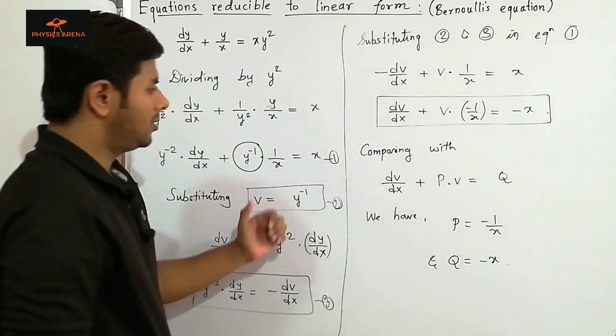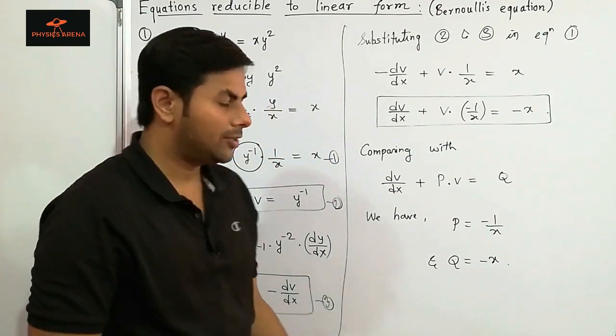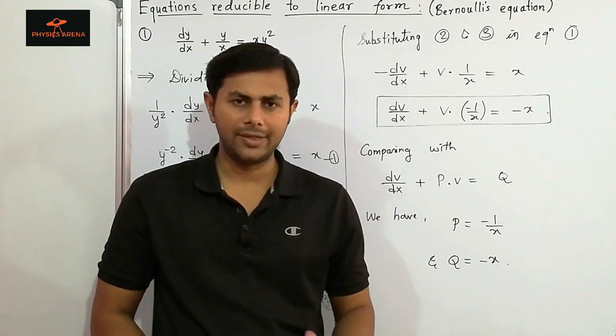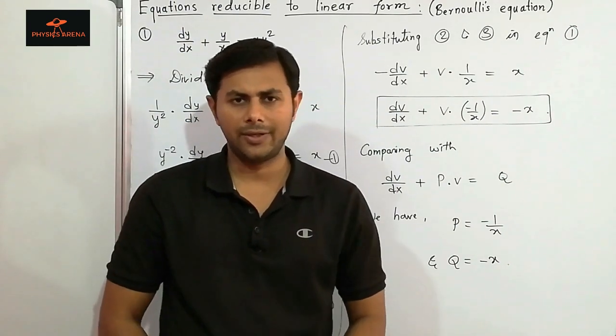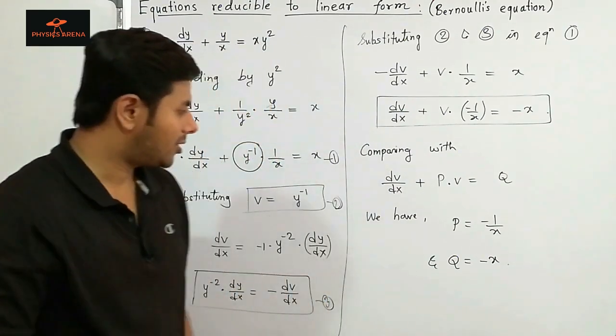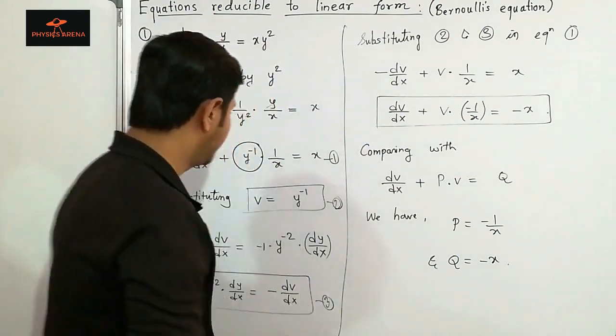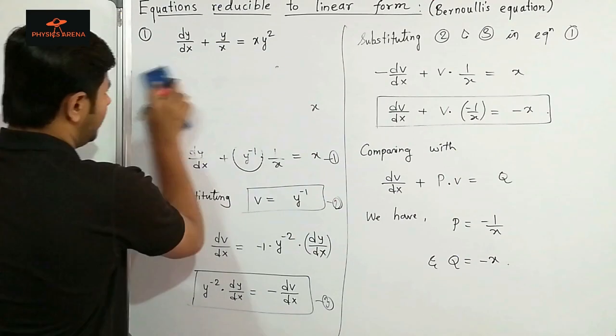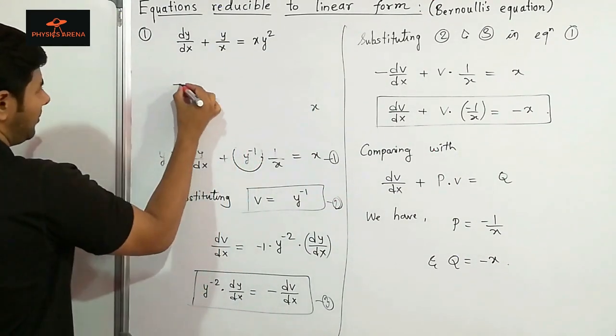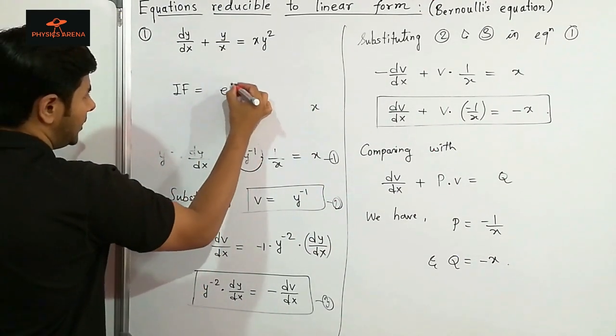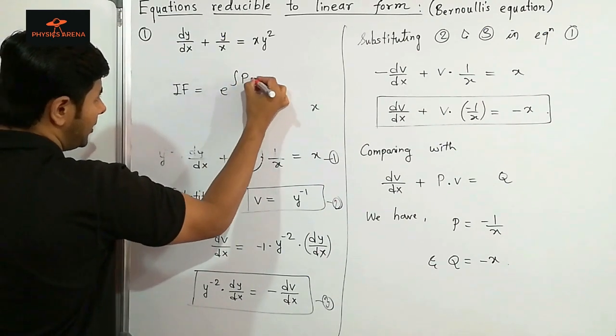Then, as we know, we need to find the integrating factor here. So do you remember the formula for the integrating factor? The integrating factor is e raised to the integral of p dx.